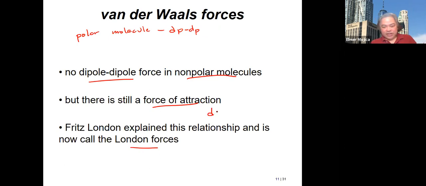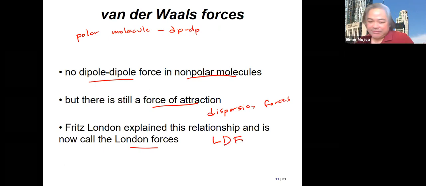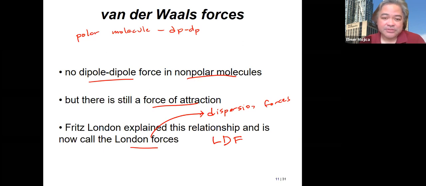In other books, they call it dispersion forces. For simplicity, combining the two, we will call it LDF, which is London dispersion forces. So in non-polar molecules, there's no dipole-dipole, yet there's still a force of attraction. So we go to what we call LDF.